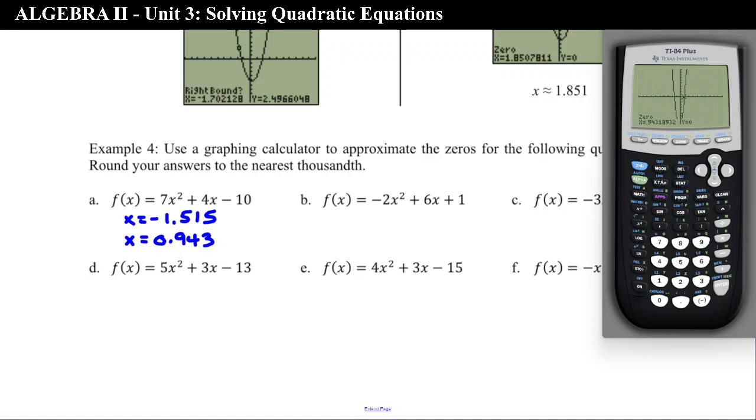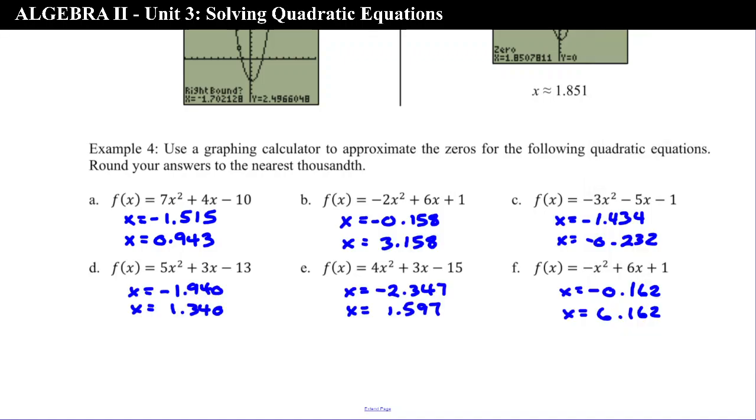So now that I've gone through the process in real time for you for one of these examples, I'll leave you to practice the others, but I will give you the answers for the others so that you can see if you get the correct answer. So I'll just read off these answers for you to make sure that you know what I've written here. So the answer to B is x equals negative 0.158, x equals 3.158, C is x equals negative 1.434, and x equals negative 0.232.